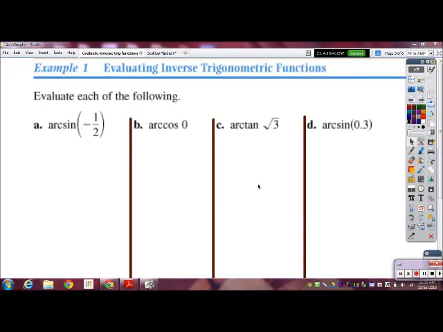So now let's talk about how to actually evaluate these. So when I'm asked to evaluate arc sine of -1/2, what I'm really trying to find is sine of what angle would give me -1/2. So it would look like this. And so one tool that will really help me with wrapping my brain around these is the unit circle.